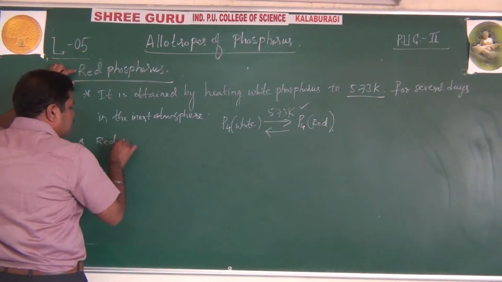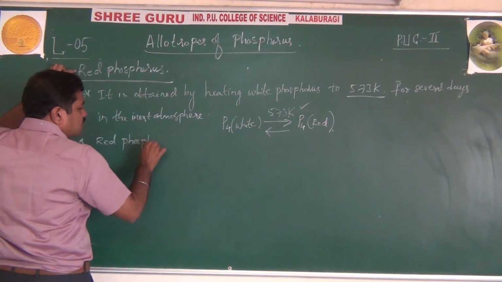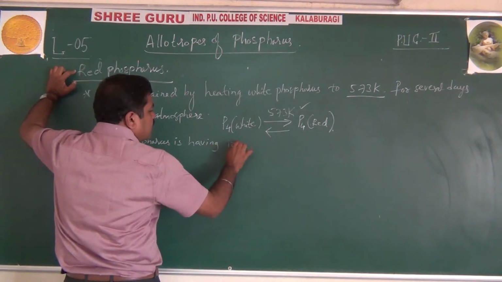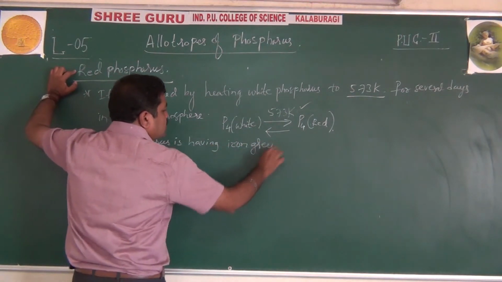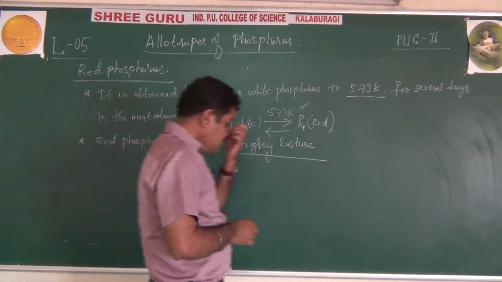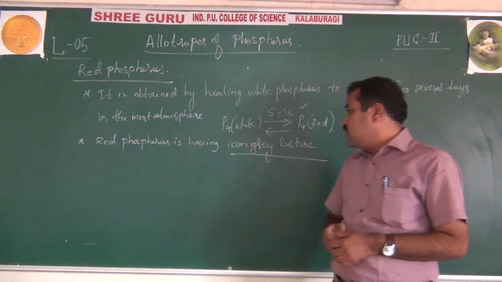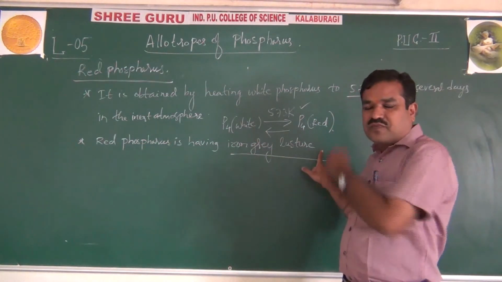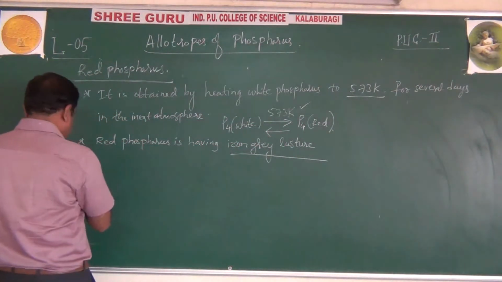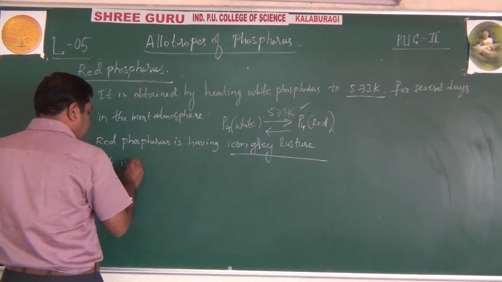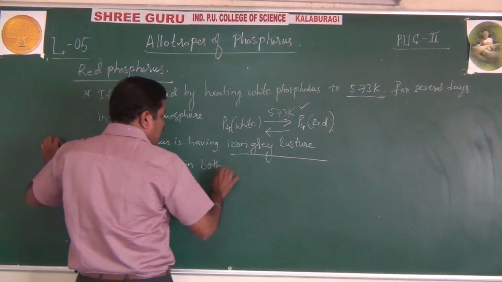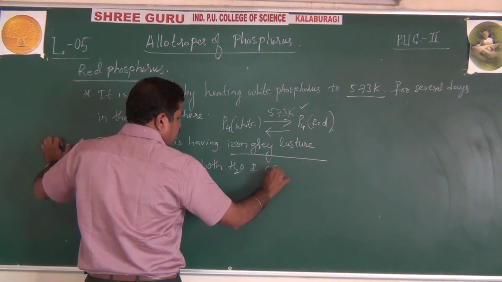Red phosphorus has an iron gray luster. White phosphorus is a white translucent solid, but this has an iron gray luster, meaning a shining property. Red phosphorus is insoluble in both water and carbon disulfide.